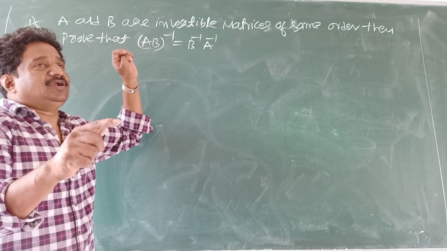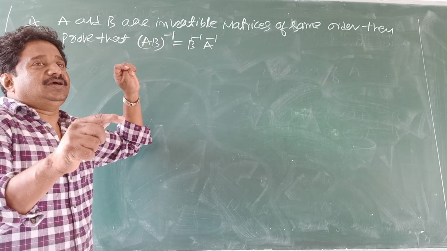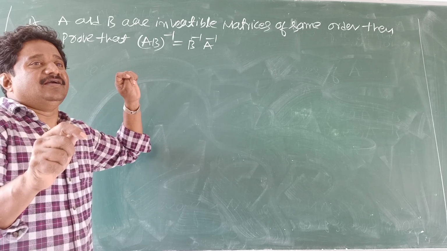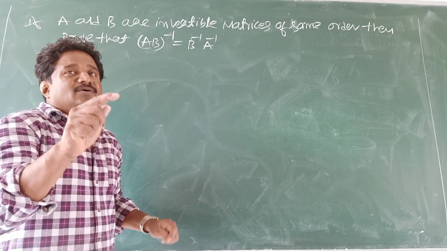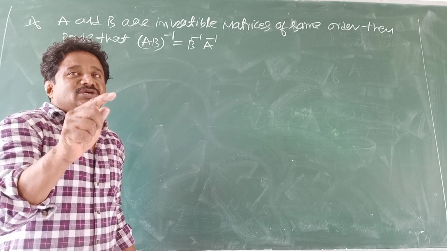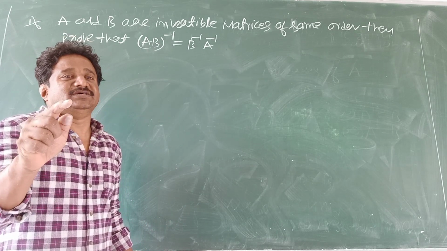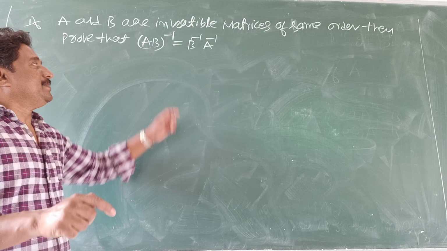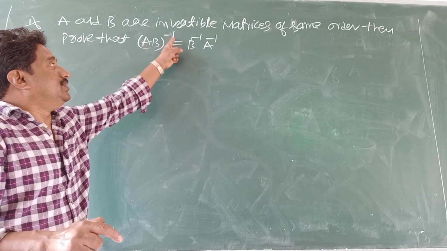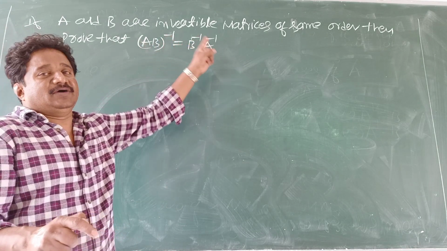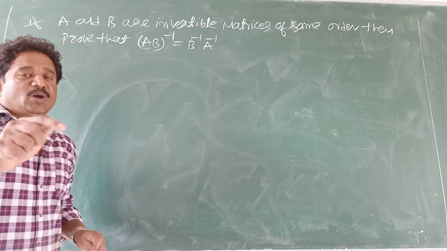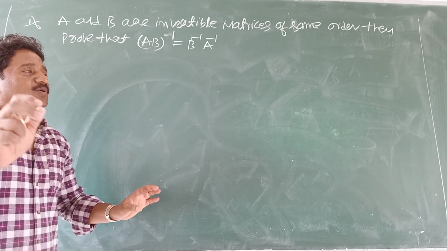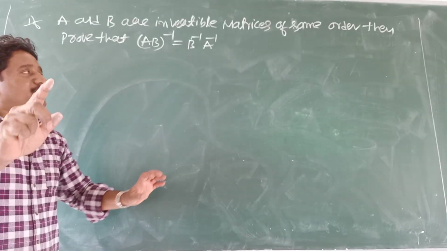You recall that reversal law: (AB) dash is equal to B dash A dash. In the same way, (AB) whole inverse is equal to B inverse A inverse. Proving this is so easy, so simple. Look at this, friends, how easily I prove this.